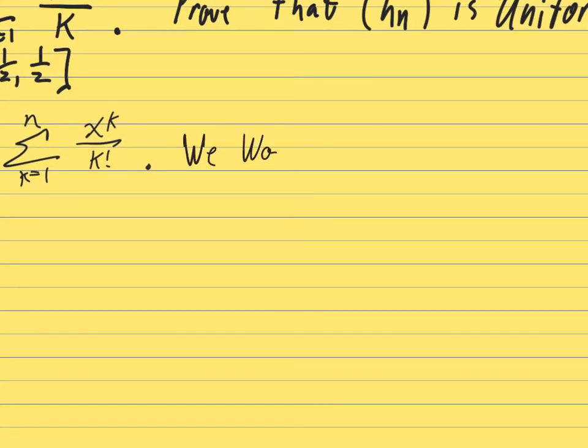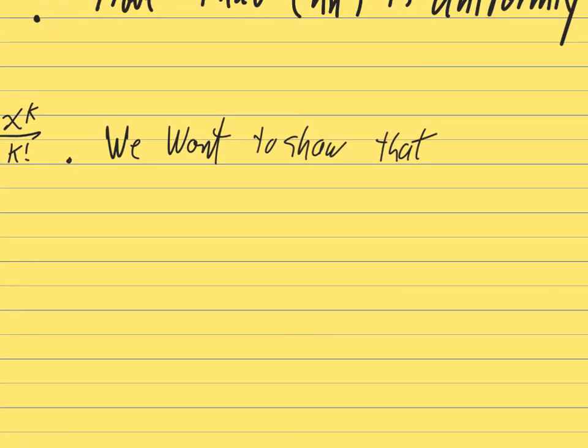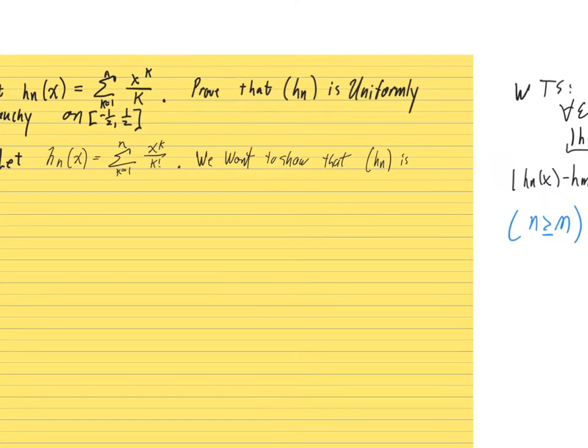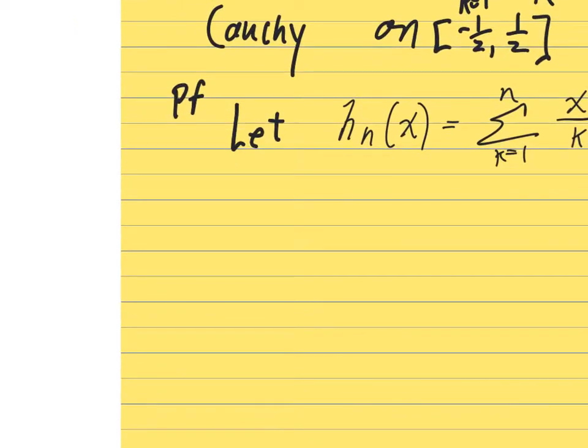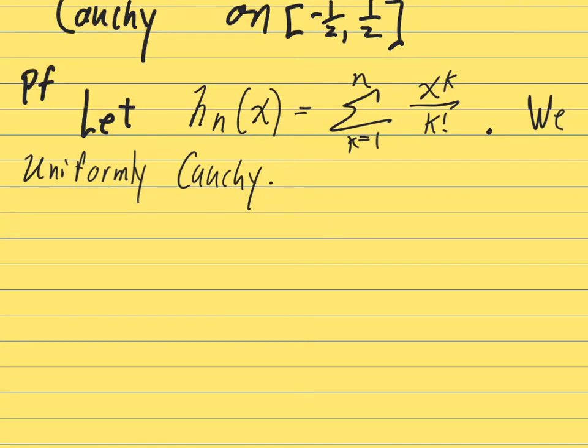We want to show that the sequence of functions, sorry for that sliding noise, h sub n is uniformly Cauchy. So from here I'm going to start following both the ideas that we had to the side, as well as kind of the sketch given in the piece of the notes themselves.